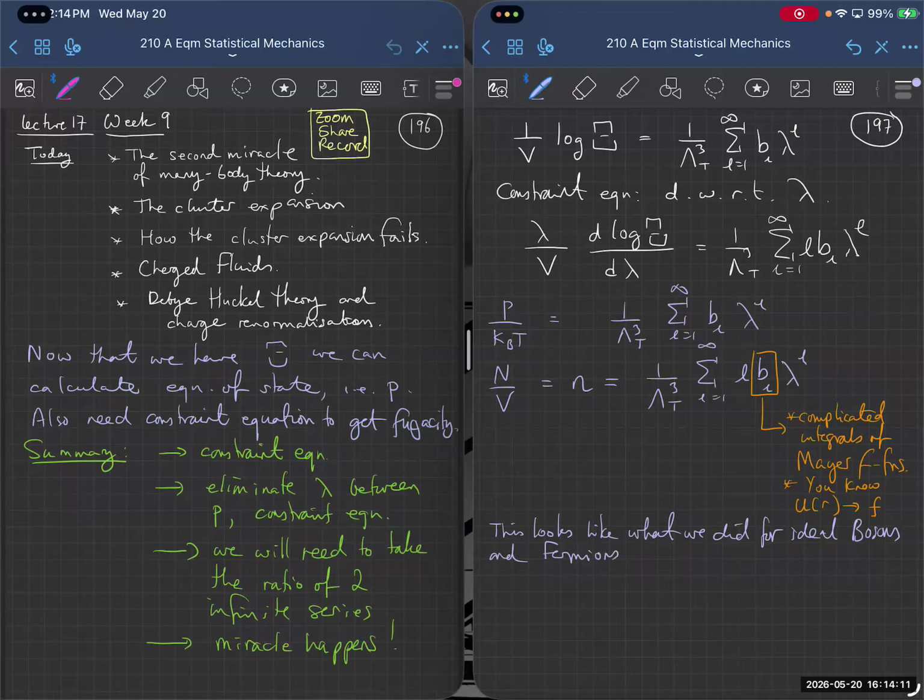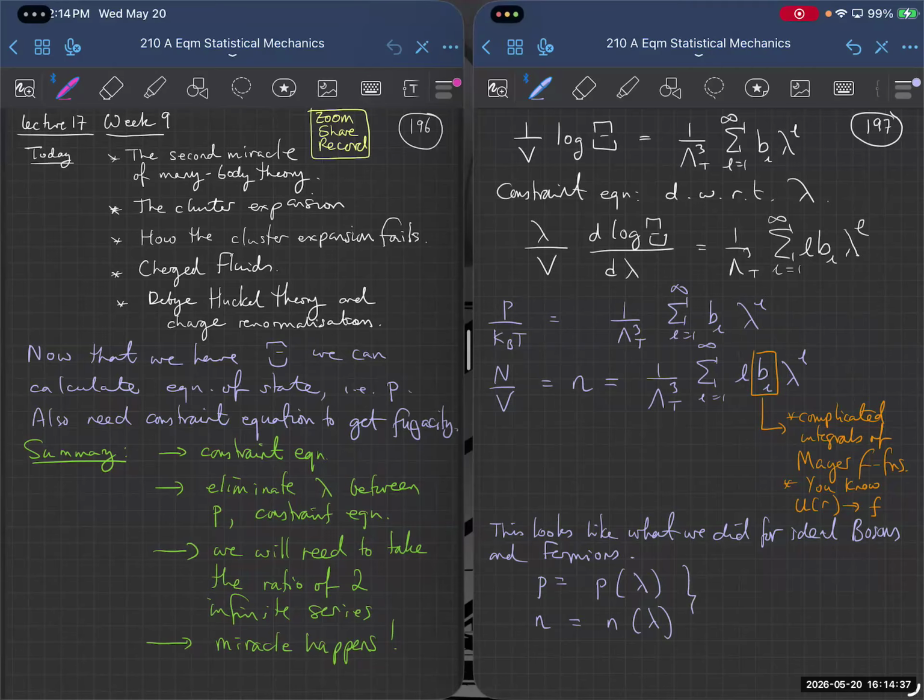So that says we have the pressure in terms of the fugacity, and we have an equation for the density in terms of the fugacity.